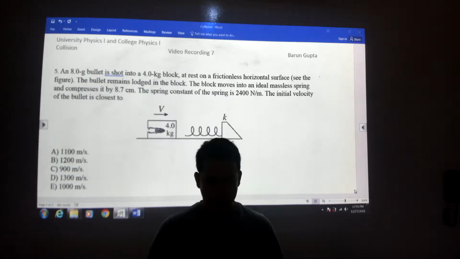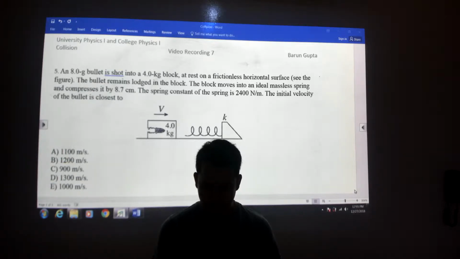This problem is also related to the conservation of energy. You need to understand what elastic potential energy is, and at the same time you should also know inelastic collision and the principle of conservation of linear momentum.